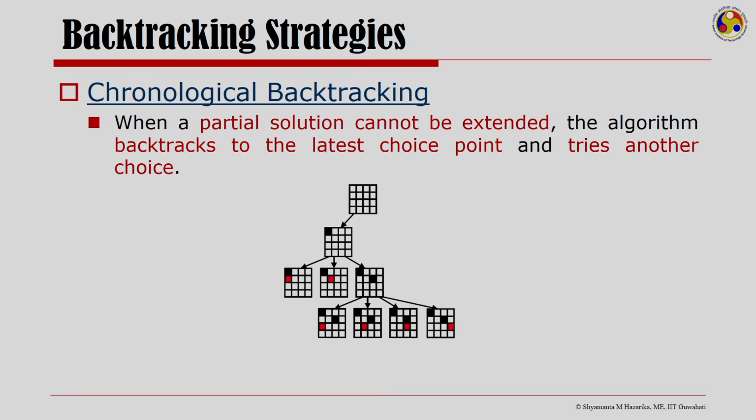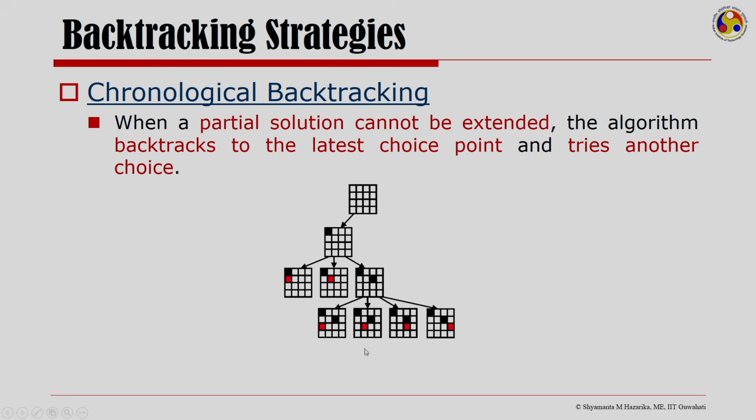So here is what the chronological backtracking does. We look at this through our 4 queens problem. So we place our first queen, and then the only possibility is to place it either in the third or in the fourth column in the second row. So we place it here, and then we realize that we are not left with any legal choice for our third queen.